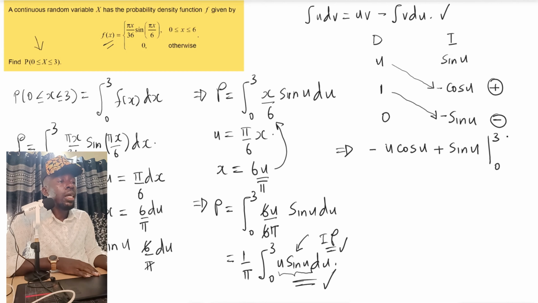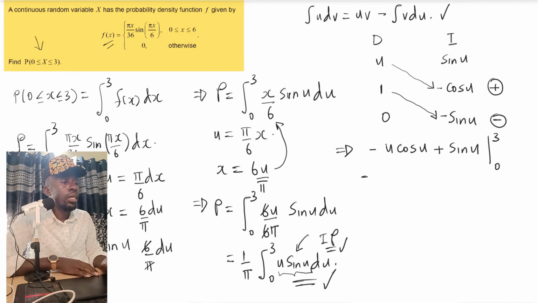But the limits are not of u. The limits are of x. So if that is the case, what are we doing? We now return back the value of u. What is the value of u? The value of u is pi by 6 times x.